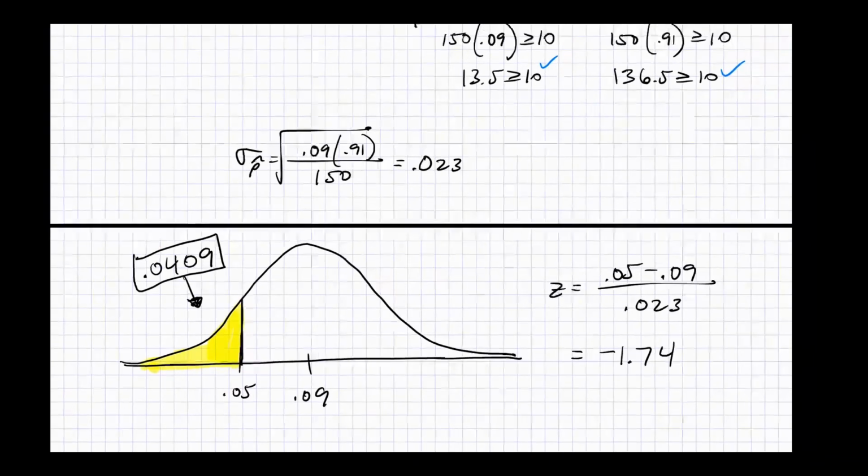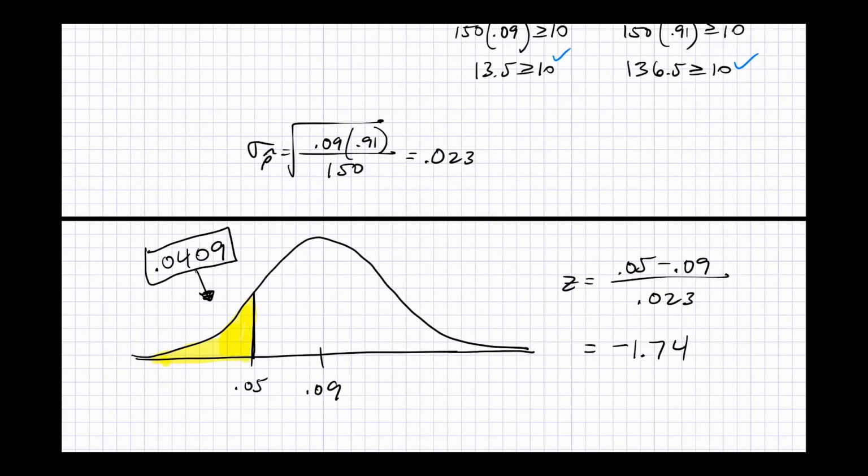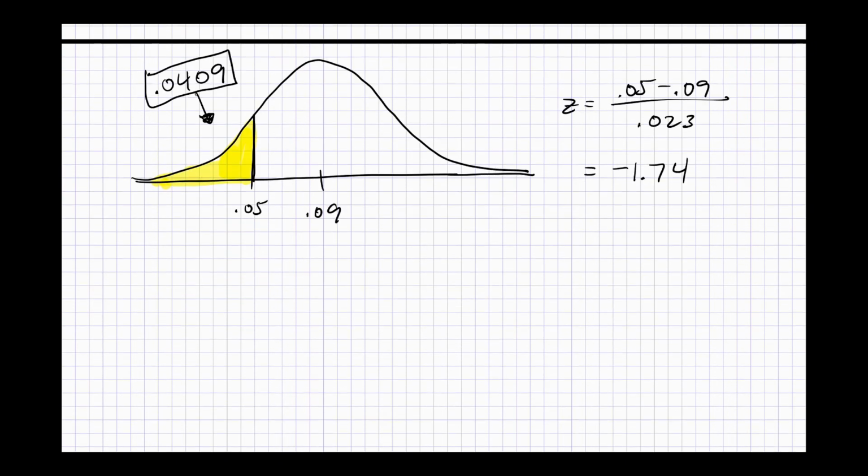Good. Last thing, explain to me what that number means. It's a percent, right? The 4.09% chance that the shipment is going to get rejected. Close. Wait. So what does the yellow mean? The yellow means accepted, right? Right. So what's the probability it gets accepted?